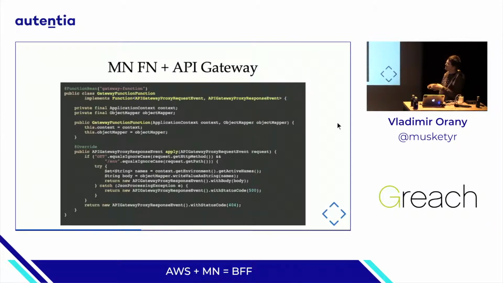Now this is basically the same as what the controller was doing before. So you check, okay, it's a GET request on the endpoint, and if it matches, just do something, basically do the same. And again, you have to return some response event, which is going to be translated by API Gateway to, let's say, a 200 or 500 and so on.